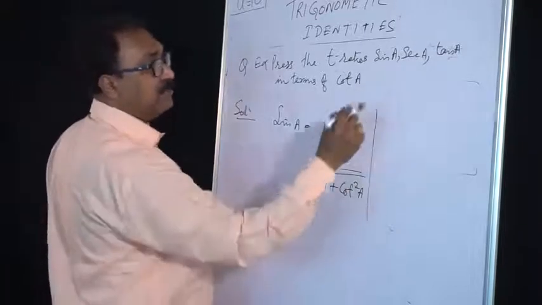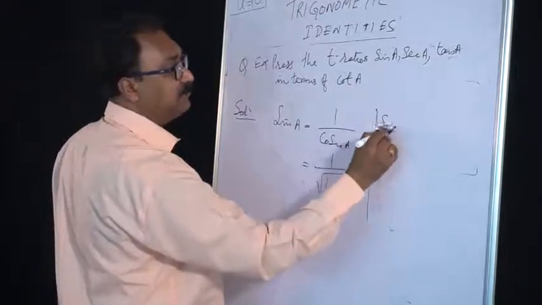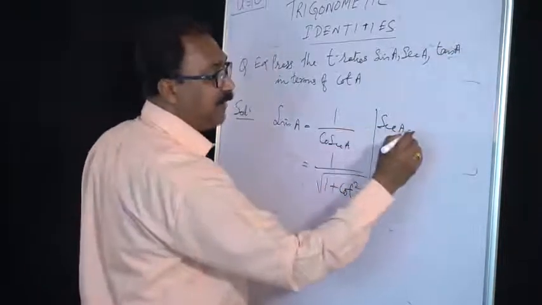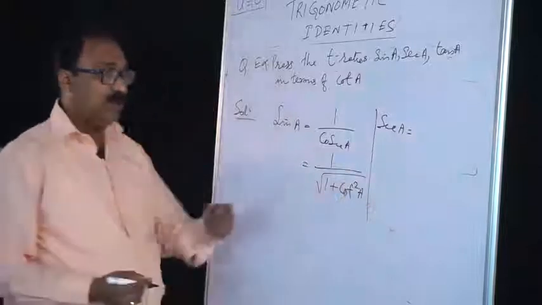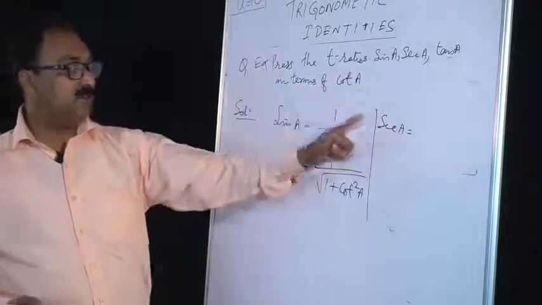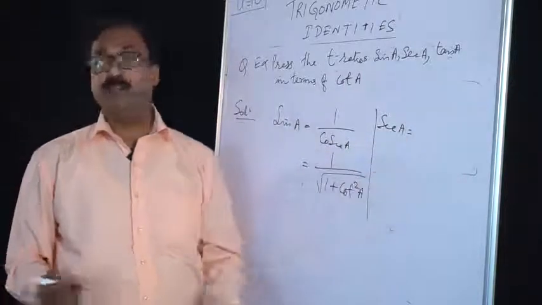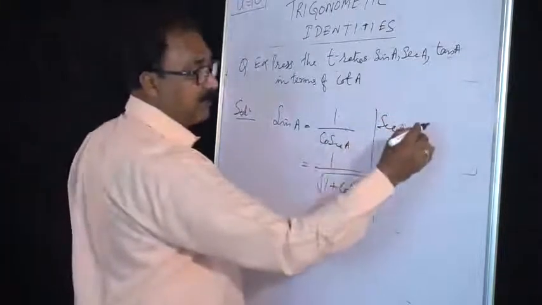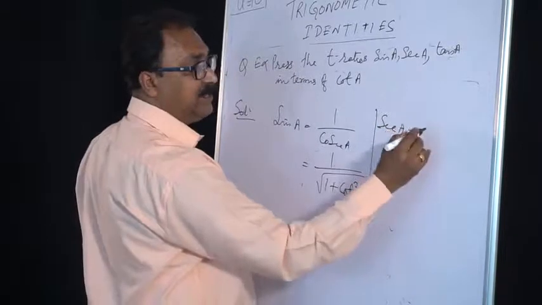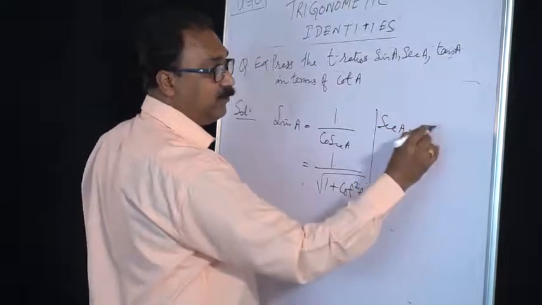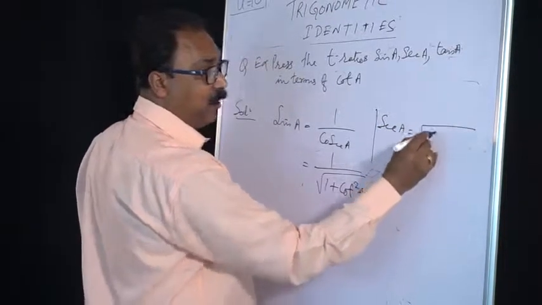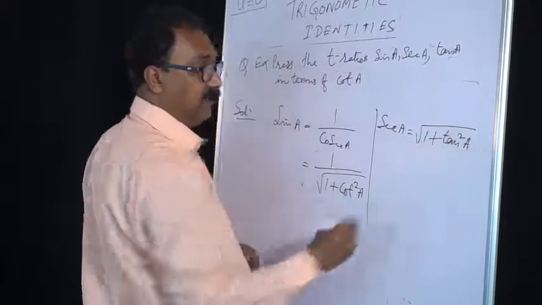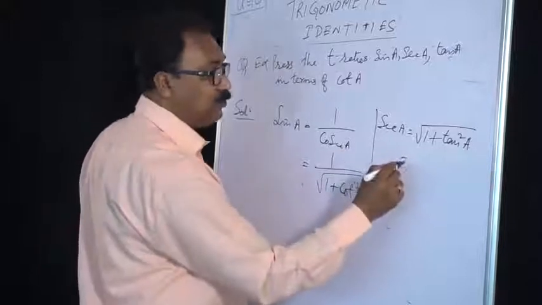Likewise, sec A. How to change into cot? You can change sec into tan and after that cot, or sec into cos, into sin, cosec, cot. That we also can do in a different way. So I will do it in the last steps, that is change into tan. What is sec? Root over 1 plus tan square A. Correct? And tan you change into cot.